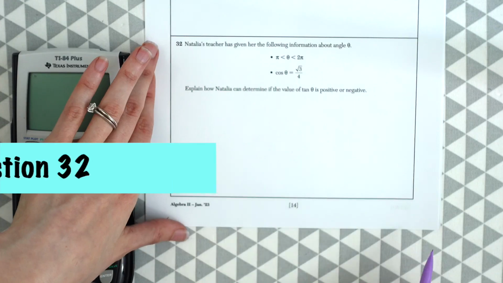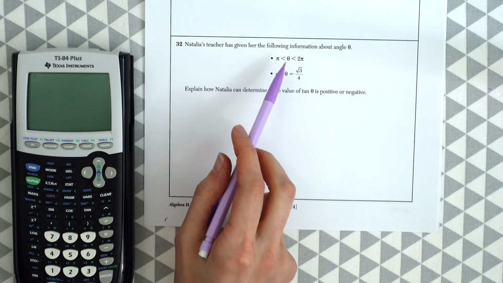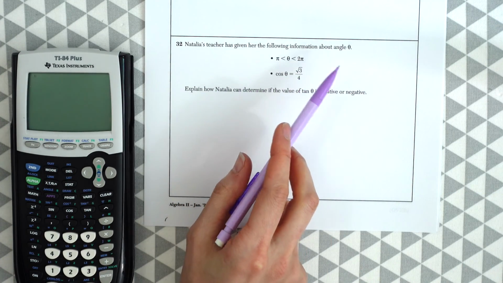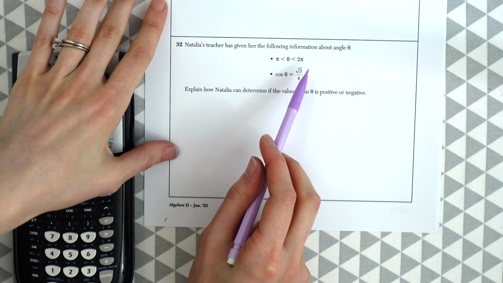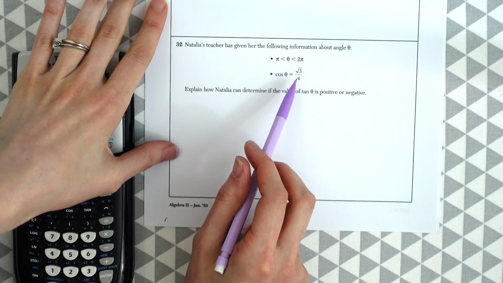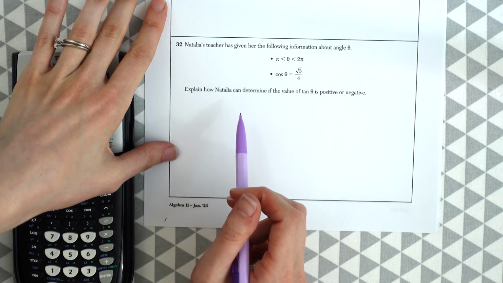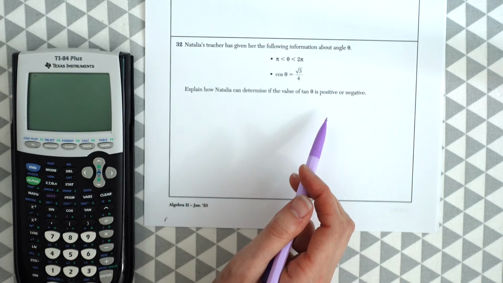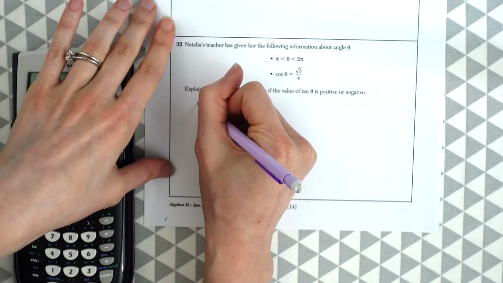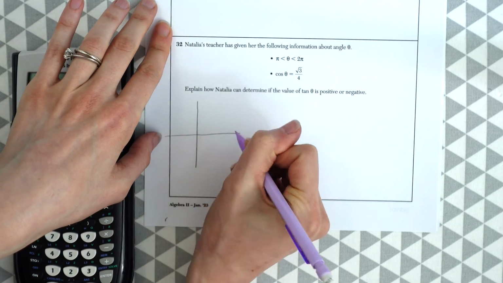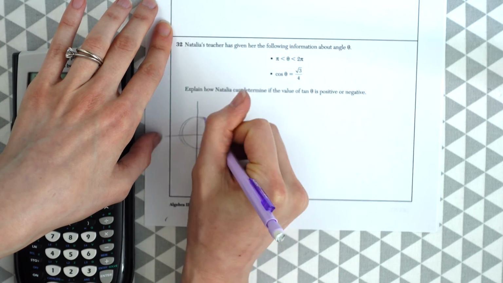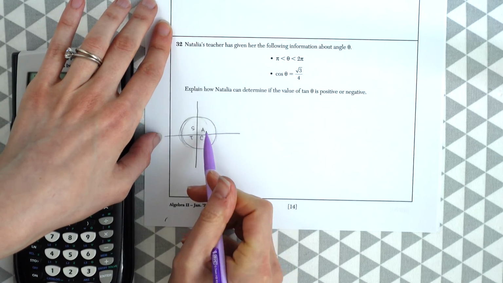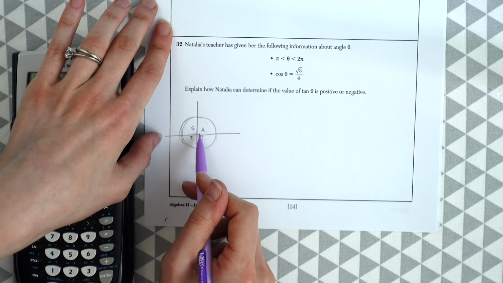Question 32. Natalia's teacher has given her the following information about angle theta. So theta is between pi and 2 pi, and cosine of theta is equal to radical 3 over 4. Explain how Natalia can determine if the value of tan of theta is positive or negative. So I'm just going to draw a little unit circle reference where each of these represents where trig functions are positive.